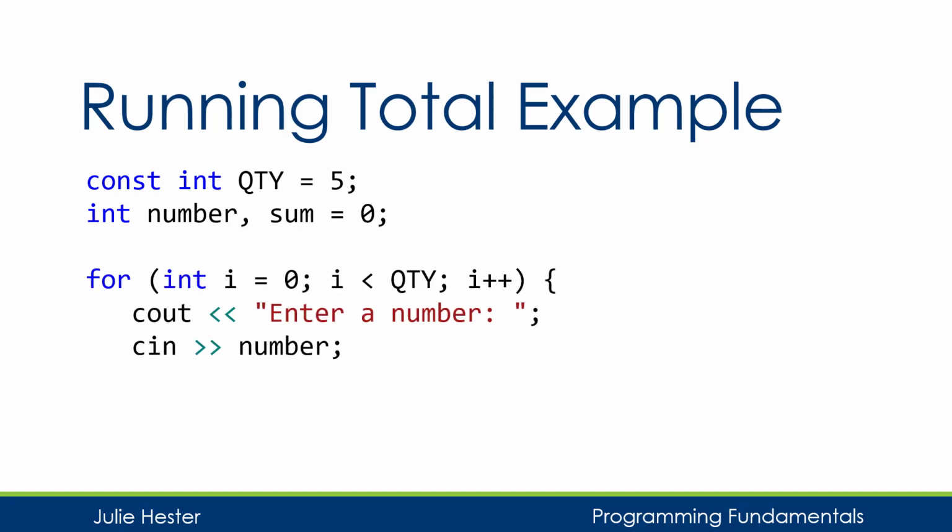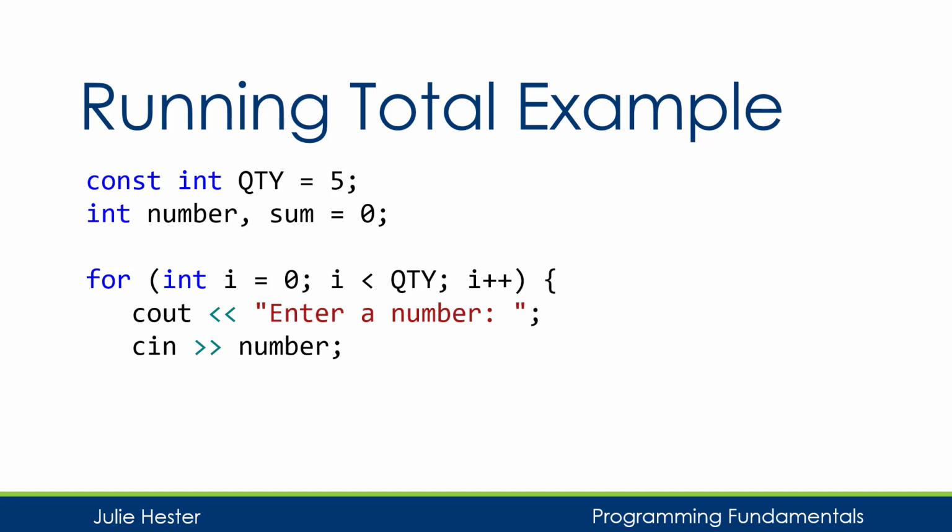In this case, because I know how many numbers I want to enter, I'm going to use a for loop. And in this for loop, I am going to define and initialize my counter variable i with the value of 0. In programming and other things with computers, we often begin counting with 0, and that's what I'll do in this case.